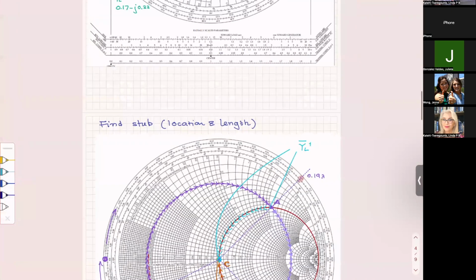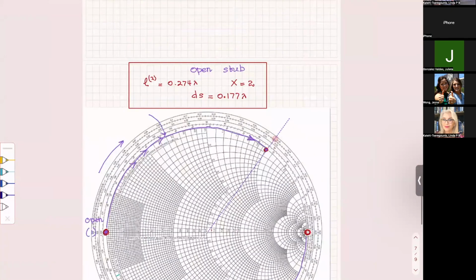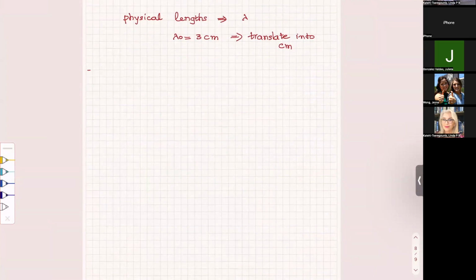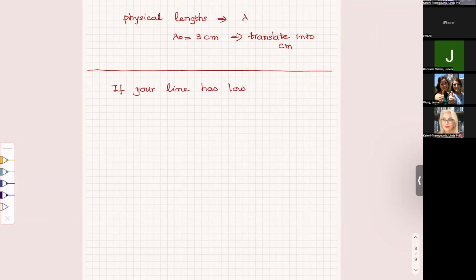My notes, all right. So that's the second part. If your line has losses, low losses, obviously, from the data I give you, you find alpha.